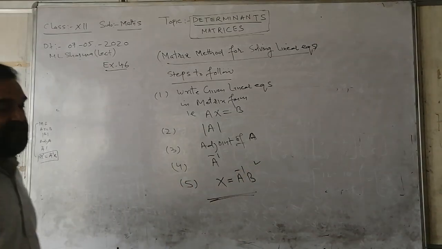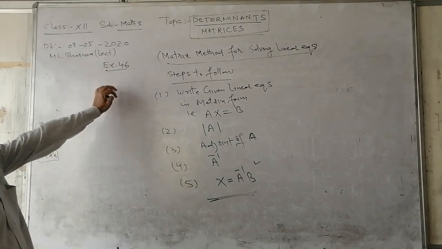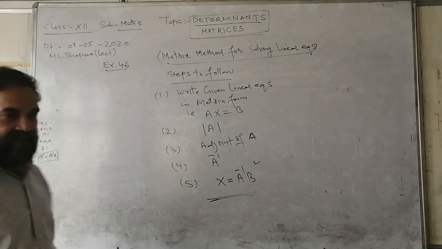If the equations are in three variables, then x, y and z values can be found.